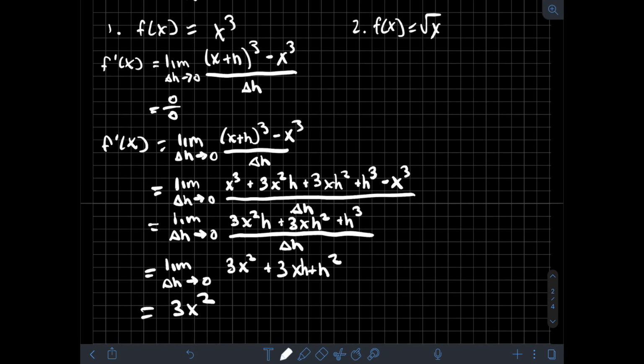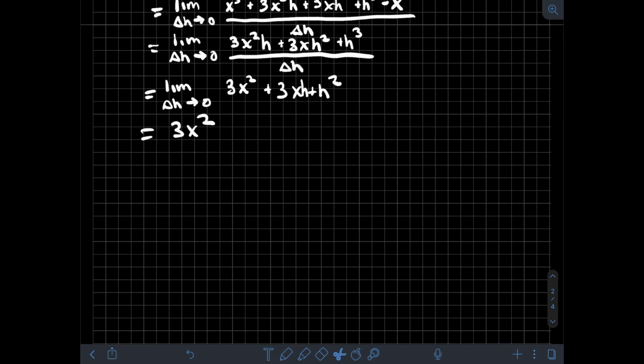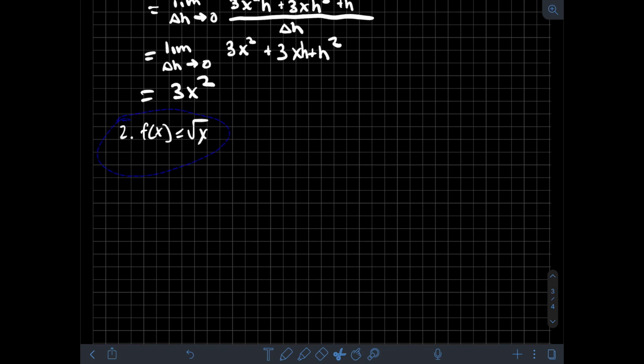Now we're going to do example 2. So I'm just going to copy and paste this. We're going to start this example down here. This one's a little bit more tricky. So we're going to do the same setup.